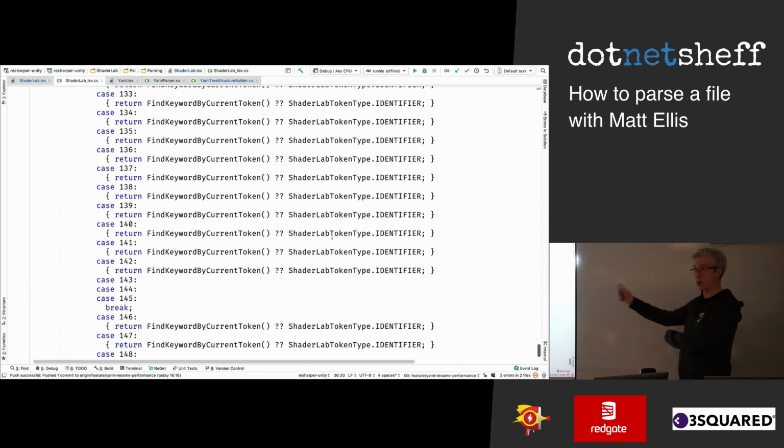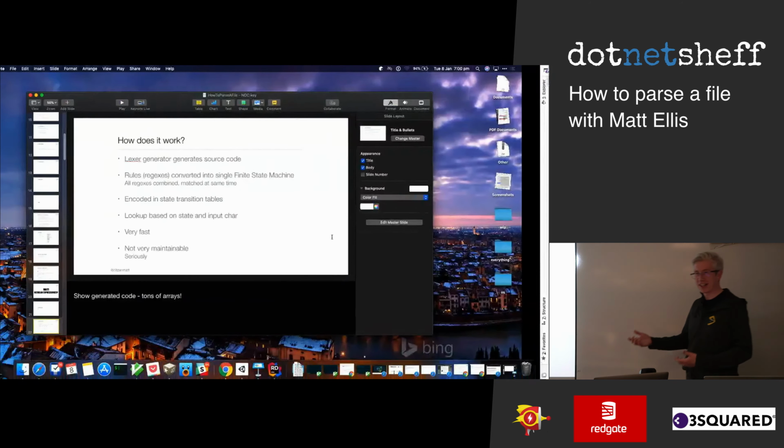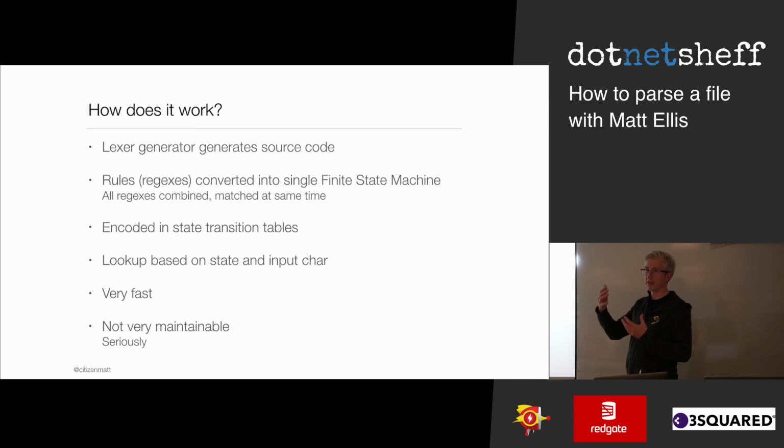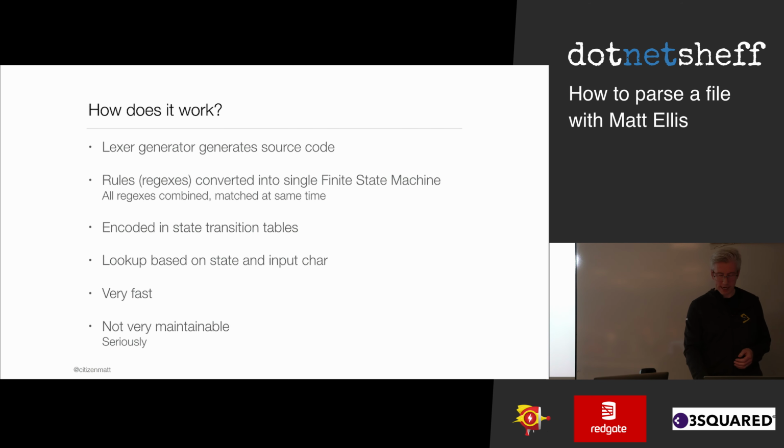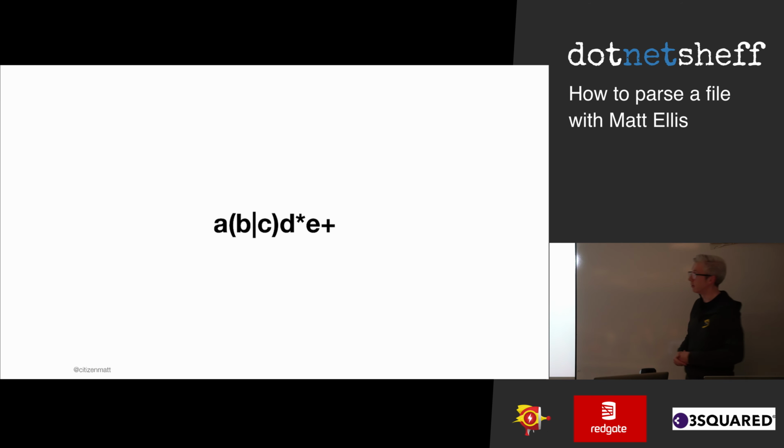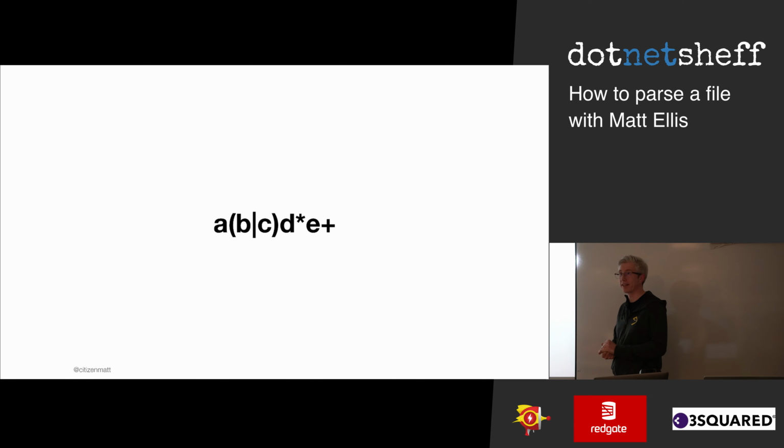You can't work with this. You can't debug this. So this is the downside to Lexer generators. They are very good at generating what they do. They can generate very efficient code, but it's really hard to debug. So you have to have a lot of tests around it, a lot of input and output tests, and work with it from there.